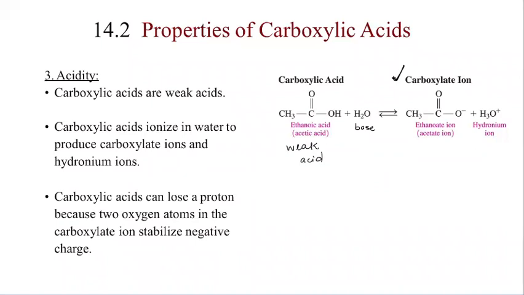In turn, when water acts as the base, we're going to form its conjugate acid, which is the hydronium ion. Now, understand that this reaction between carboxylic acids and water is actually reversible.